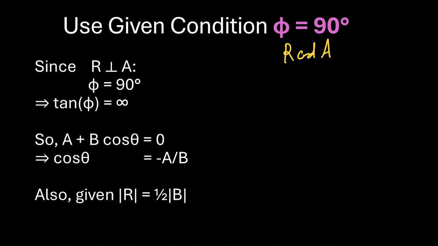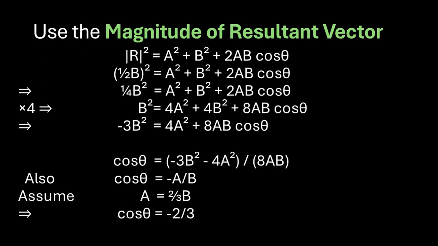Now we already have derived cos theta is equal to minus A by B, and we have the magnitude of resultant formula as well, from which we get that.